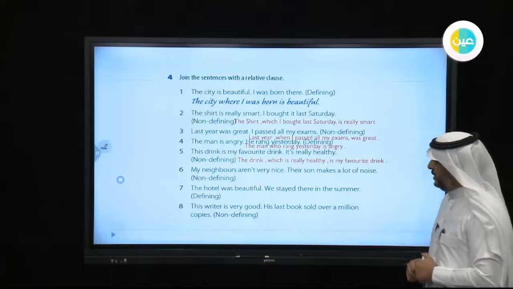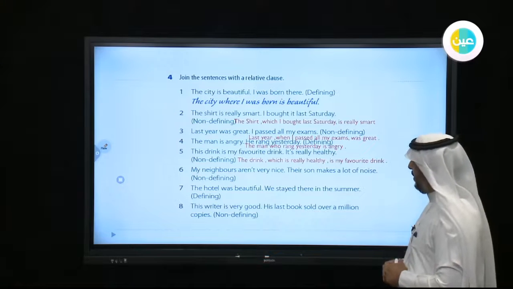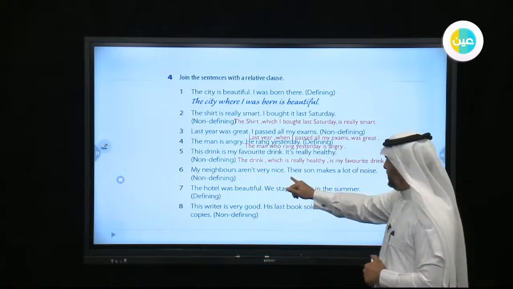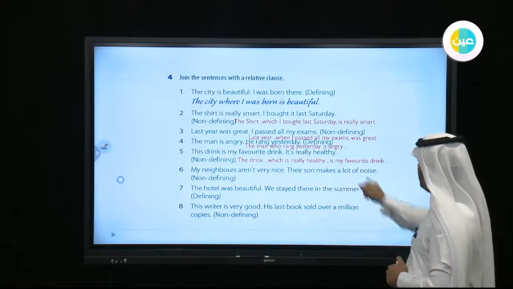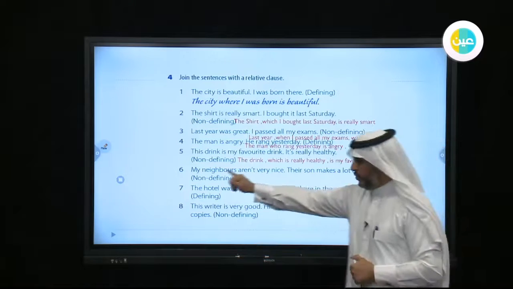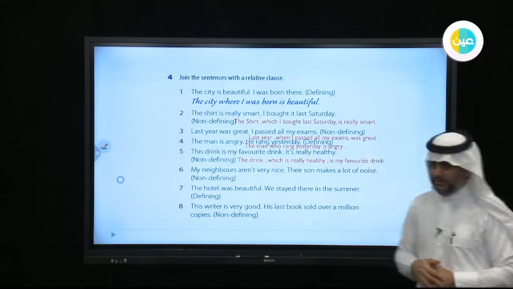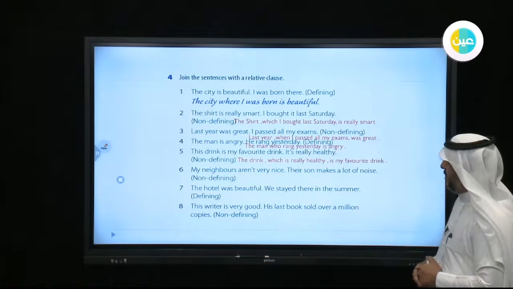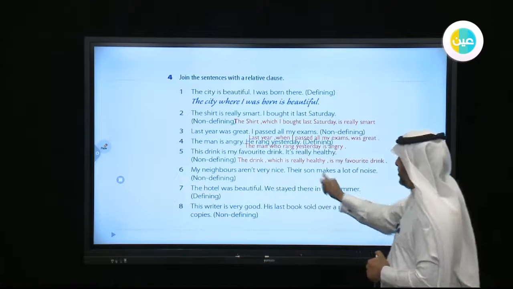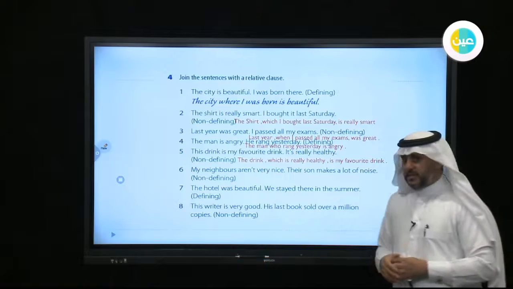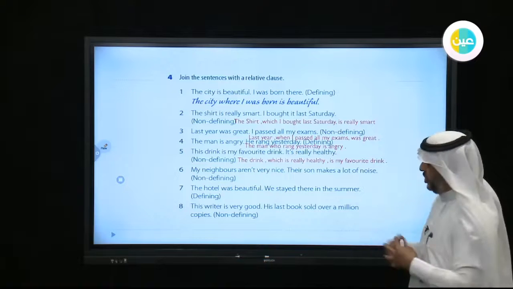Number 6: My neighbors aren't very nice. Their son makes a lot of noise. In this sentence, we want to make a non-defining relative clause. The sentence needs possession, ملكية.